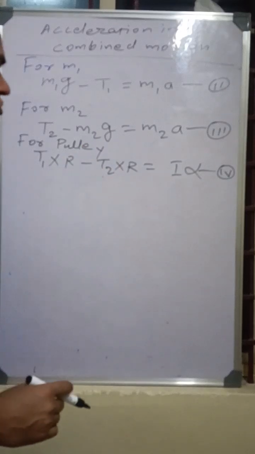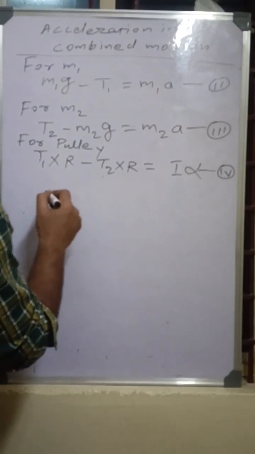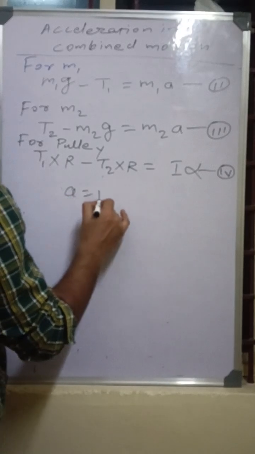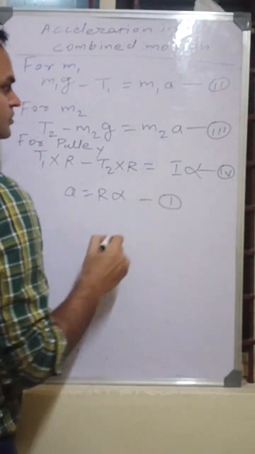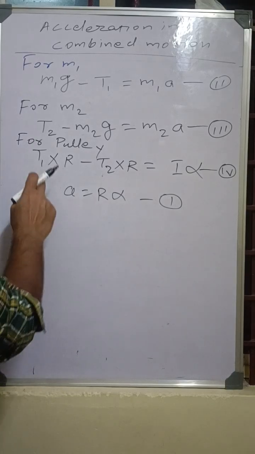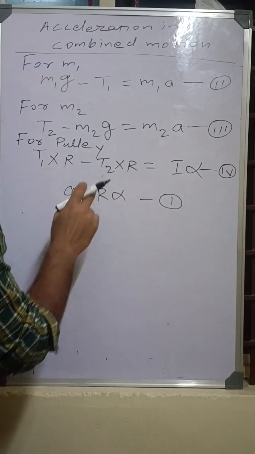So how can we solve these equations? A equals R alpha is also equation 1. We have to solve these equations, and from here we can find T1 minus T2.